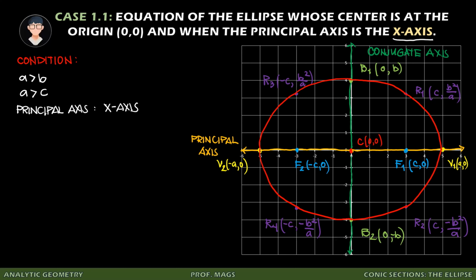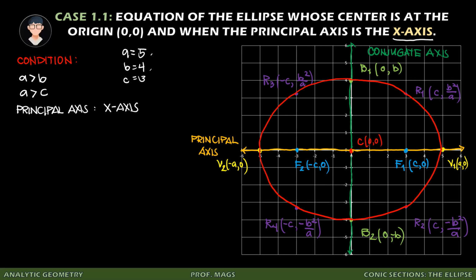Okay? That is our condition. So what's an example of this? Let's say a is equal to 5, b is equal to 4, and c is equal to 3. Which is bigger, 5 or 4? Isn't it 5?